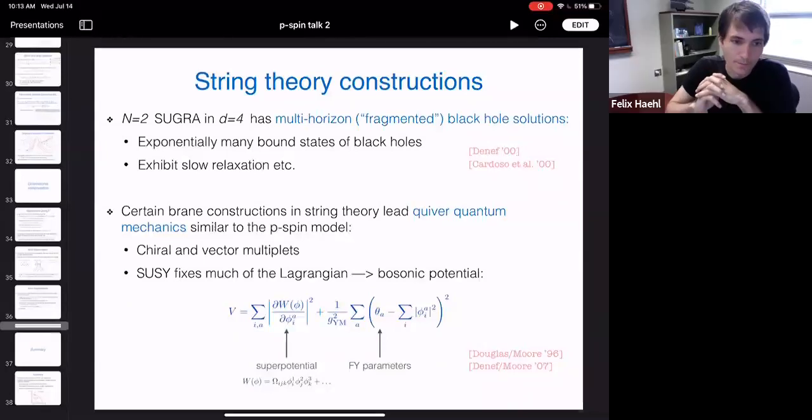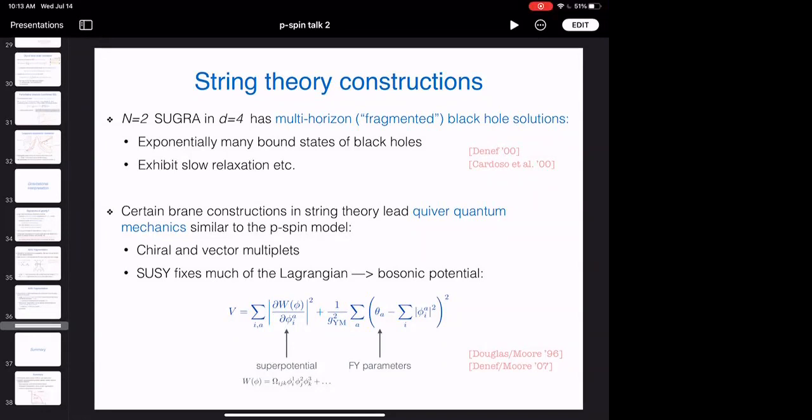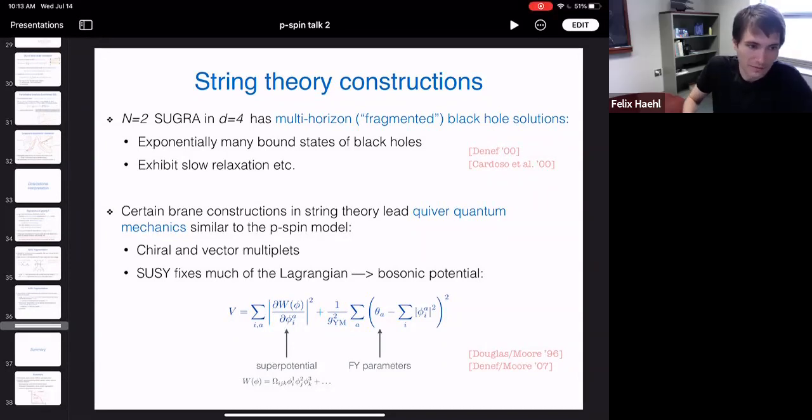Yeah, absolutely. So I have a hidden slide here, which is, I think, what you're referring to, that there are these multi-horizon solutions. If you do these quantum mechanics models, then typically supersymmetry fixes the Lagrangian in the usual way, and you have the bosonic part of the potential, which looks like what I have here.